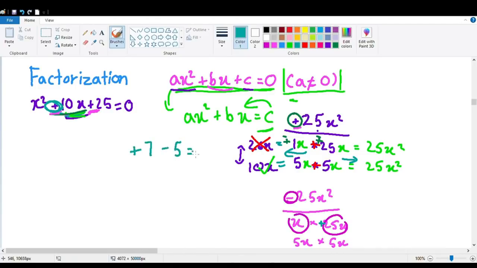What would that equal? It would equal plus 2, to be specific. And then if it were plus 5 minus 7, what's the difference? All I did was change the signs.